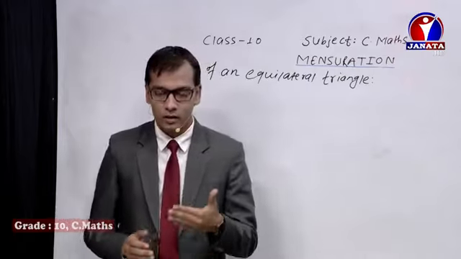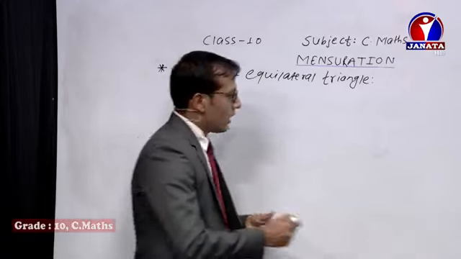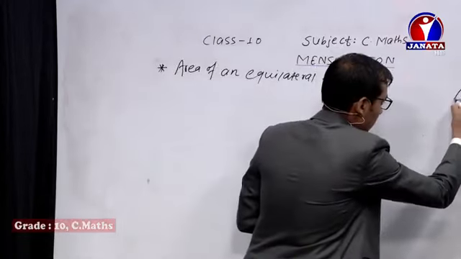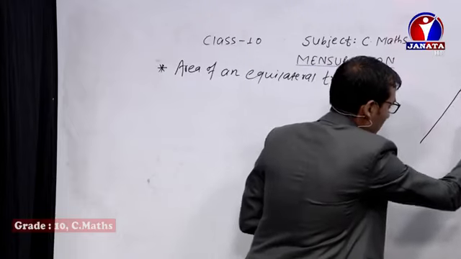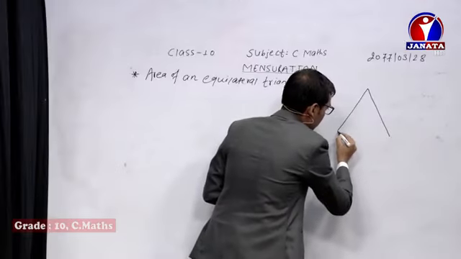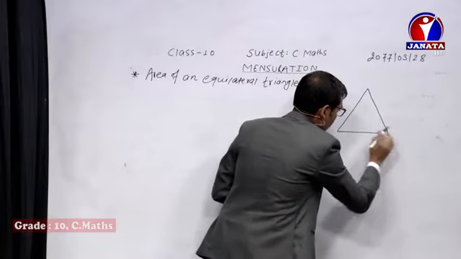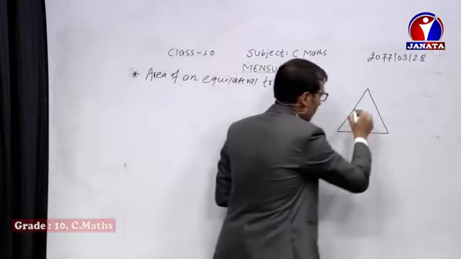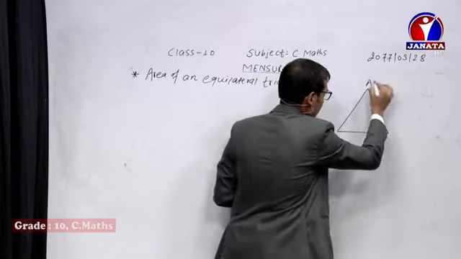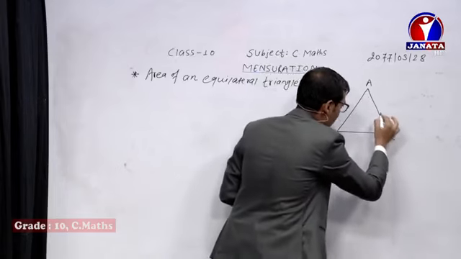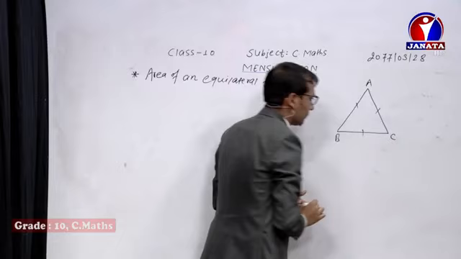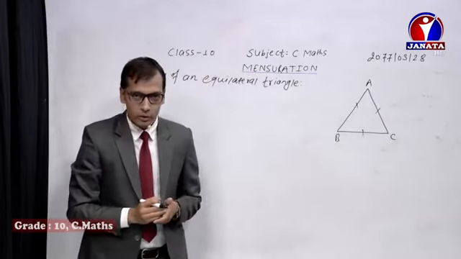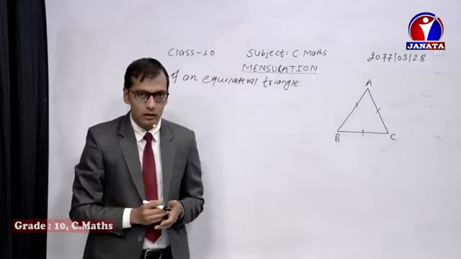So for this, let's draw a triangle. Let's draw an equilateral triangle. In an equilateral triangle, all sides are equal. We know there are three sides in a triangle.